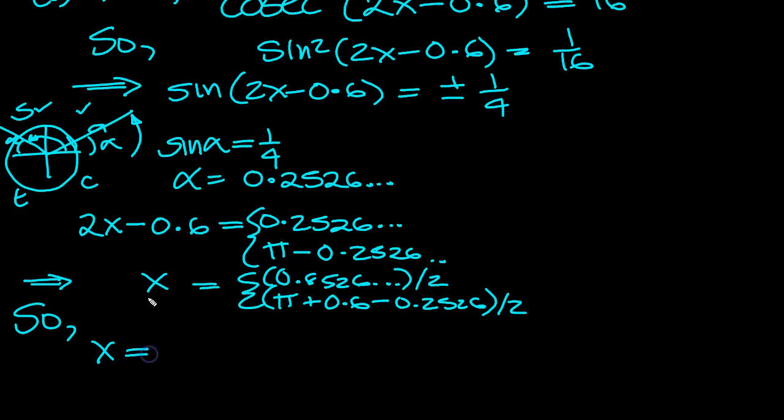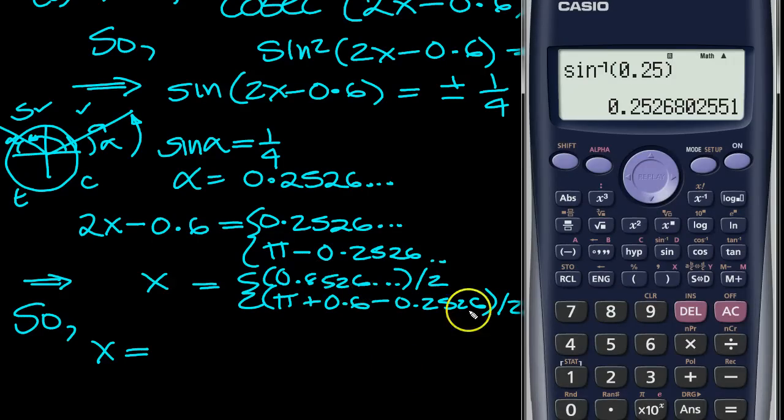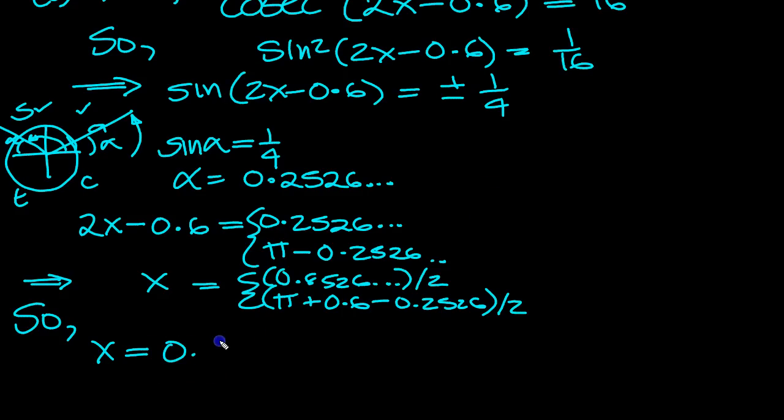So x is equal to, and this is just the positive one, wasn't it? The positive quarter we took on this part here. So x is equal to 0.8526. Let's add 0.6 here because we've already got it in the calculator. There it is. And then divide that by 2. We're doing 2dp. 0.43. And it's radians, isn't it?